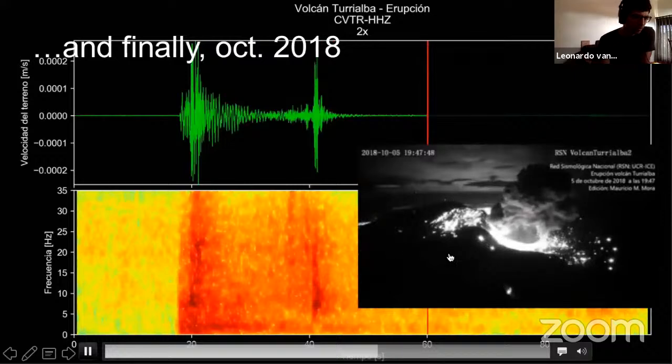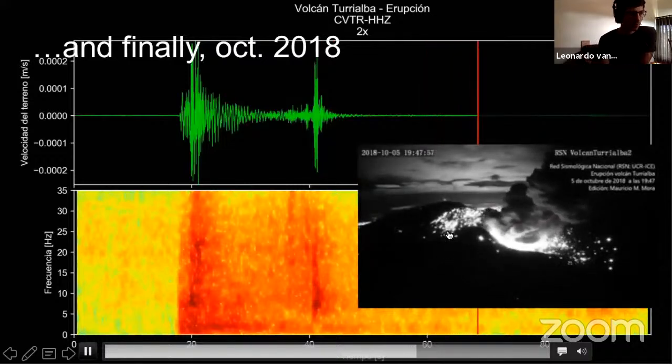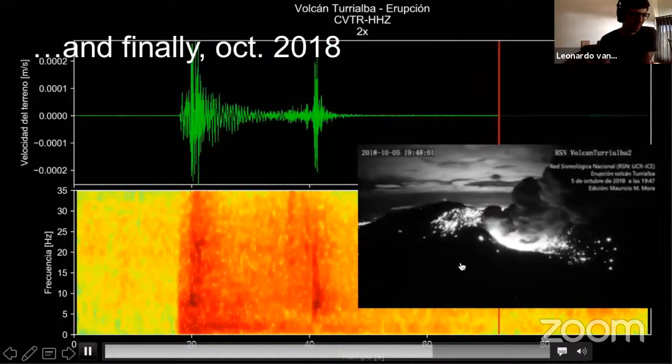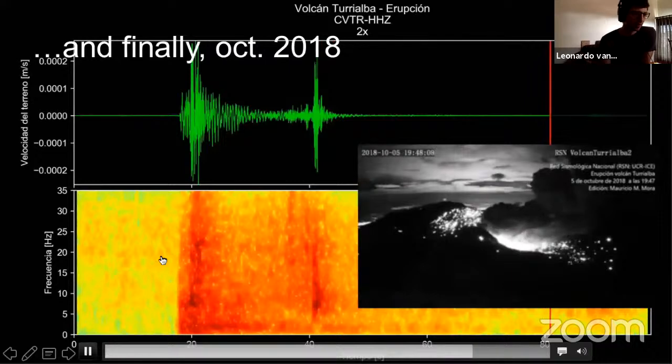Yeah, so very beautiful expression of this strombolian activity with these fresh lava rocks, bumps of fresh lava.